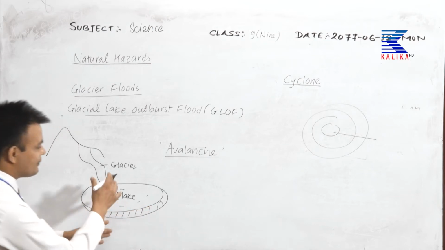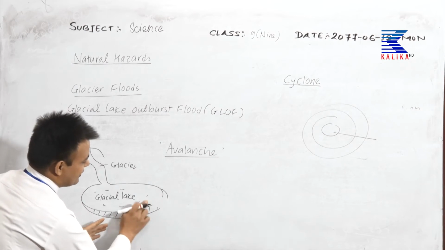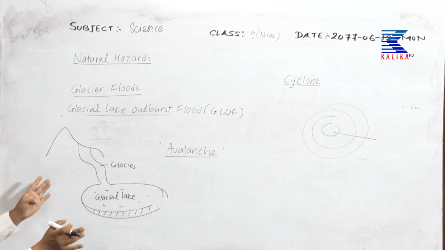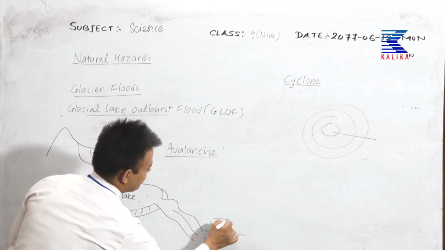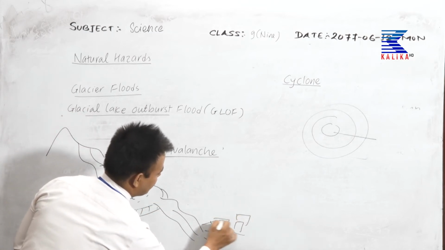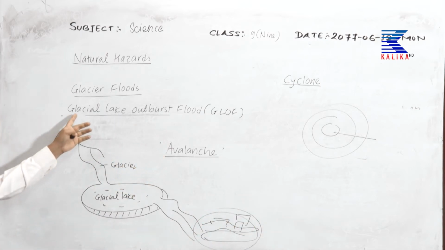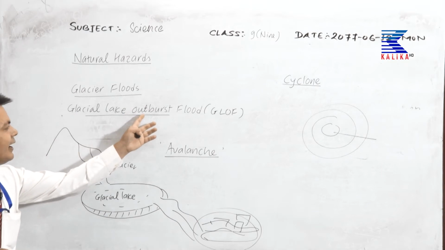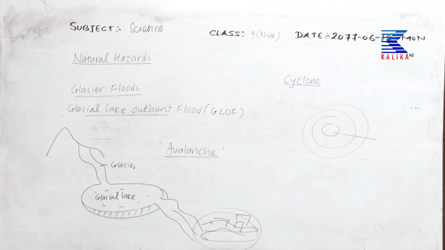Sometimes it becomes very weak, fragile, it fails, it outbursts, it breaks up, and the water comes all the way down. And human settlements or forest or agricultural land down there will be destroyed. Now it is called glacial lake outburst flood. In short form we say GLOF.